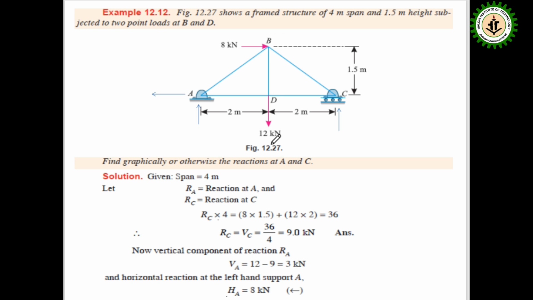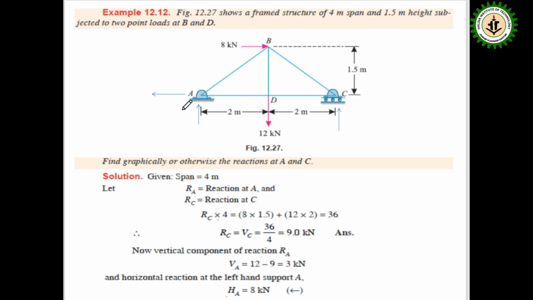To solve this type of task, we first have to analyze the reaction force at the supports of the truss member. There are two supports, one at point A and another at point C.